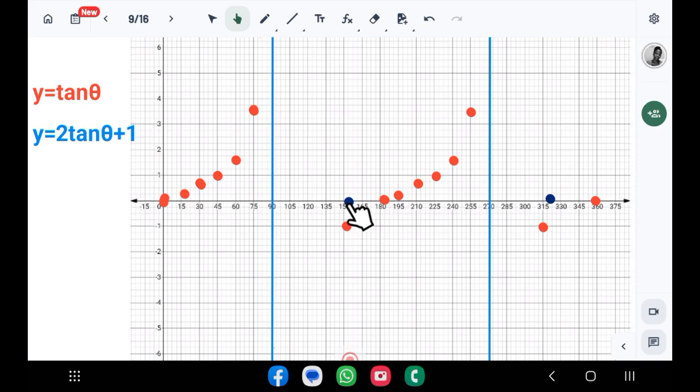So it matches with 15, but on the left side of the y-axis, on the negative side. Okay, so 165, that's okay. Good. So that's there.